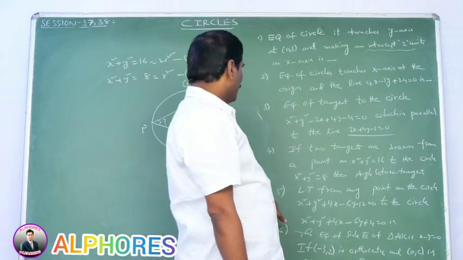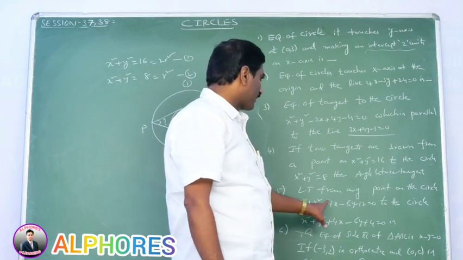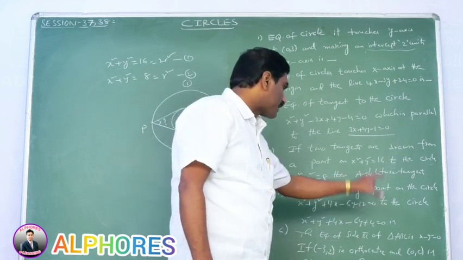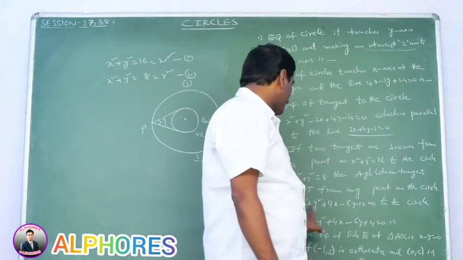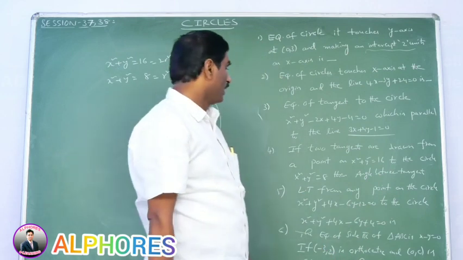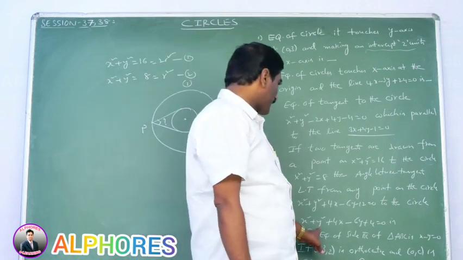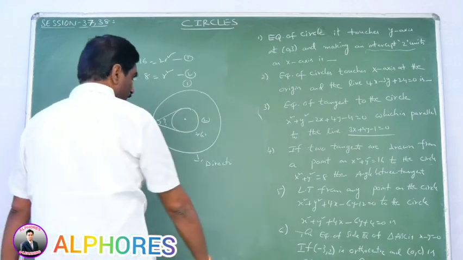fifth one. Length of the tangent from any point on the circle x square plus y square plus 4x minus 6y minus 12 is equal to 0, to the circle x square plus y square plus 4x minus 6y plus 4 is equal to 0 is dash.